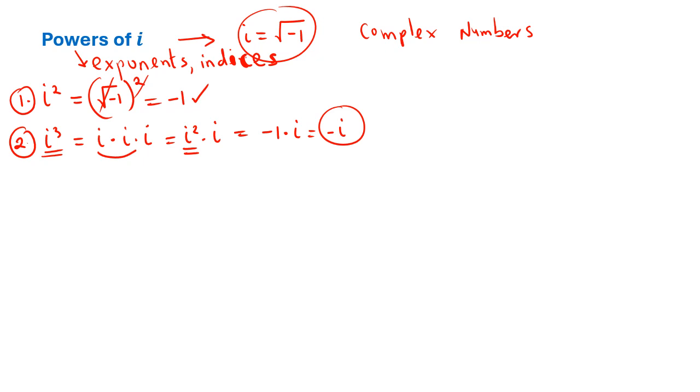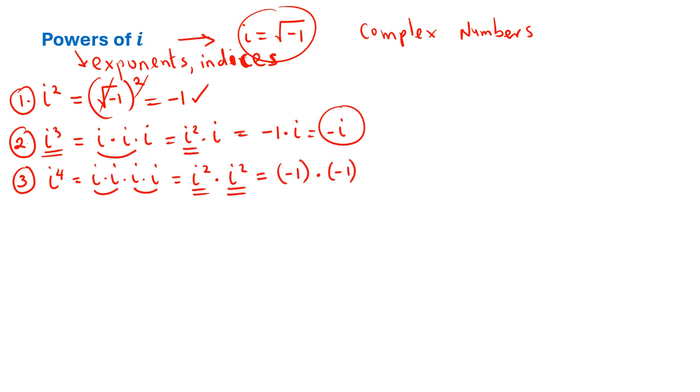Let's increase a little bit to i to the fourth. i to the fourth means i times i times i times i, and I'm just going to group these two together. So i times i is i to the second power, and i times i is also i to the second power. i to the second power is -1, and we multiply it by another i to the second power, which is also -1, and then we get +1.